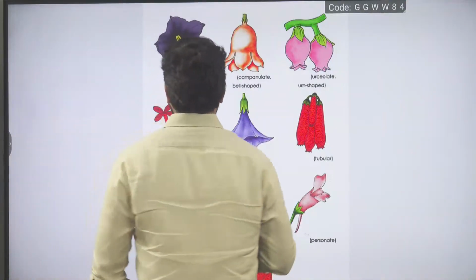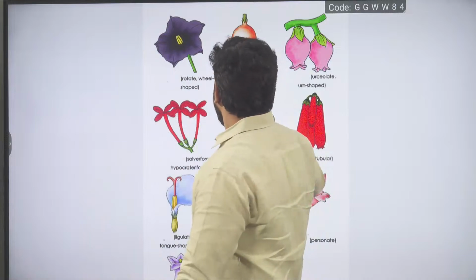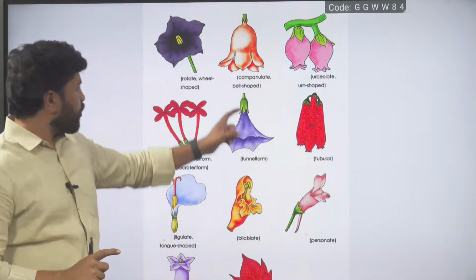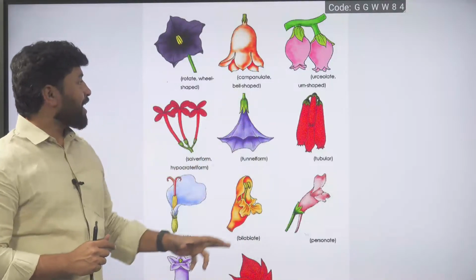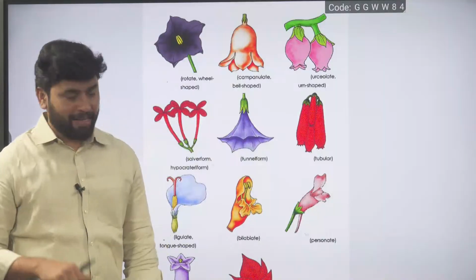You see here, rotate. Rotate means wheel shape. And here, bell shape. If you observe pomegranate, you will identify such flowers. That's called campanulate. Campanulum means bell.